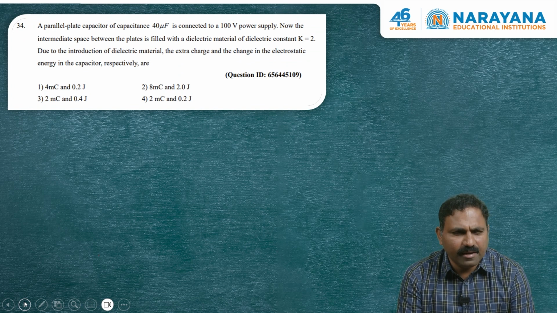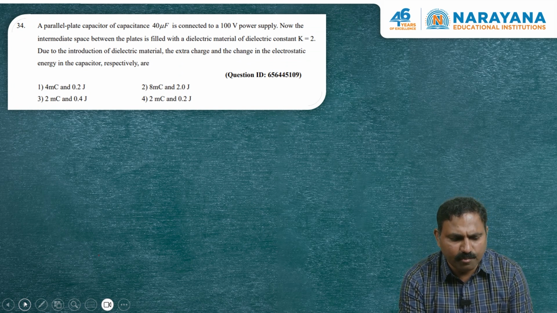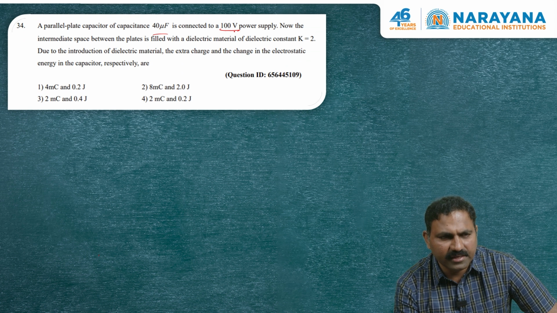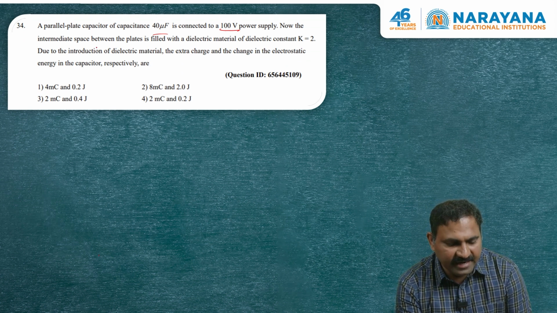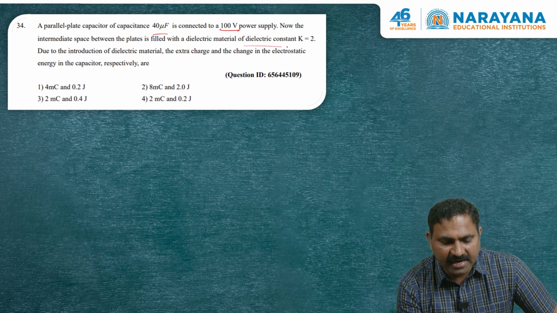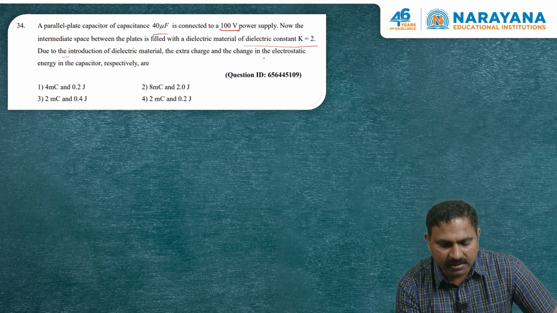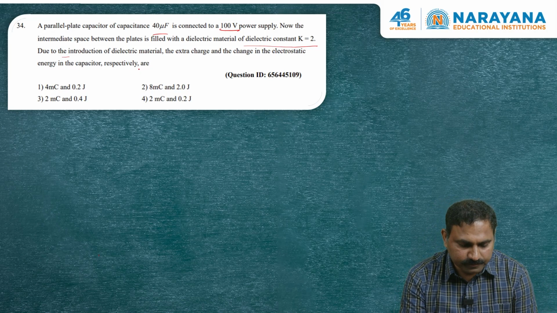A parallel plate capacitor of capacitance 40 microfarad is connected with a 100 volt power supply. Now the intermediate space between the plates is filled with a dielectric of constant K equal to 2. Due to the introduction of the dielectric material, find the extra charge and the change in electrostatic energy in the capacitor respectively.